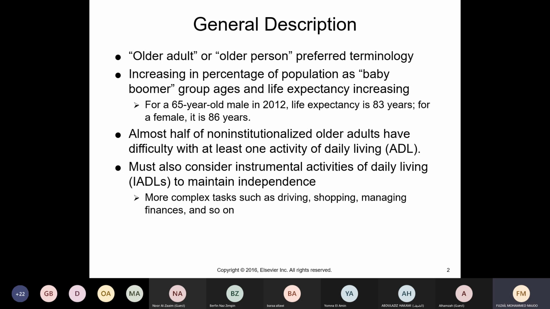So a lot of people also need assistive devices in order to do their daily activities, their ADLs. A lot of people are not able to shop.